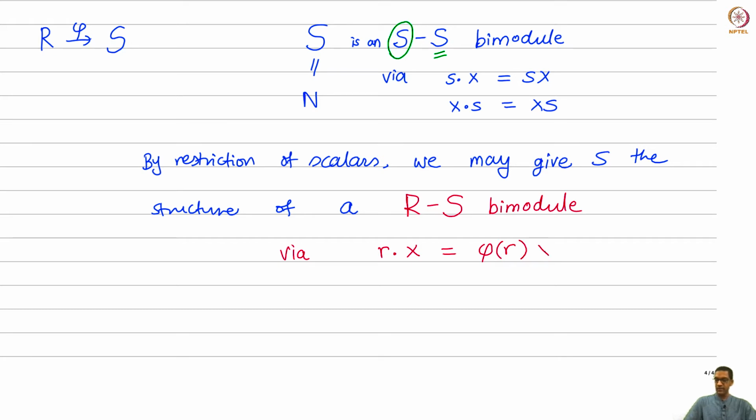You act by phi, you will get an element of S and you make that element act as it is. And what's the right action? Well, that's as before, that I'm not changing. Okay, so this is now for all r in R, for all s in S. So this is how I make it into an RS bimodule.